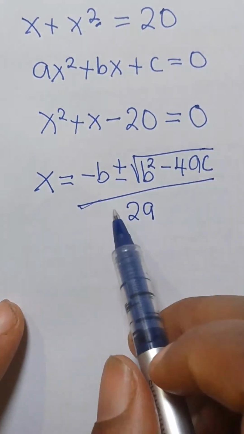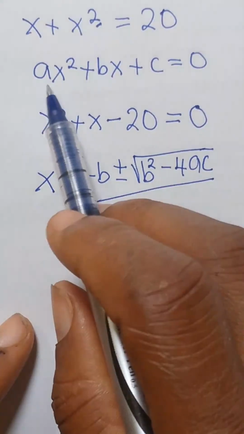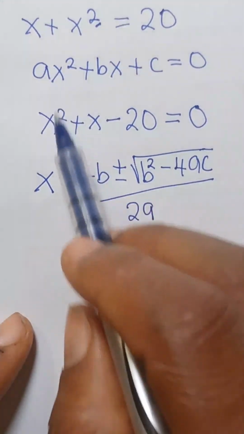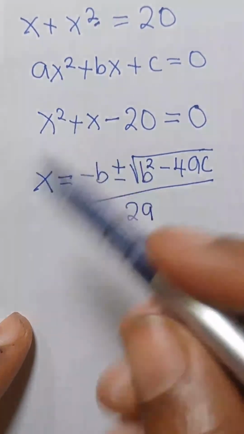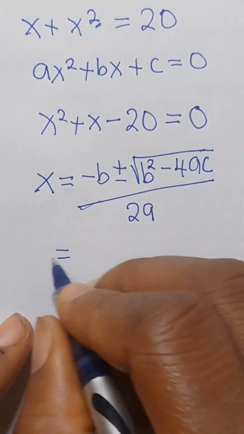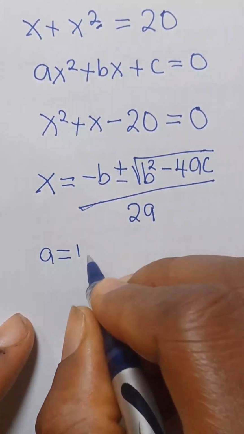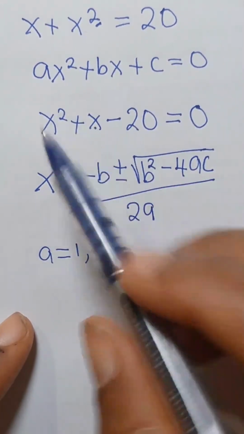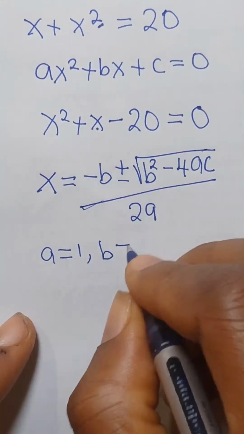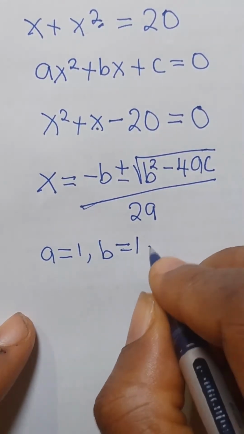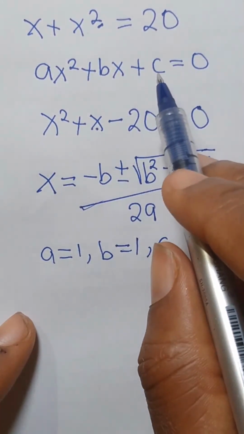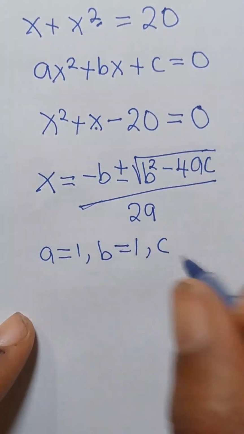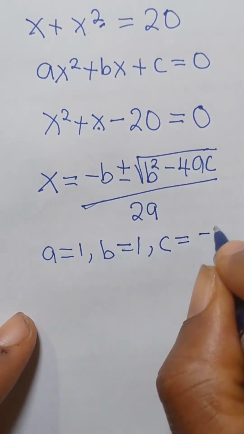Here a is the coefficient of x squared, which is 1. b is the coefficient of x, which is 1. And c is the constant, which is minus 20.